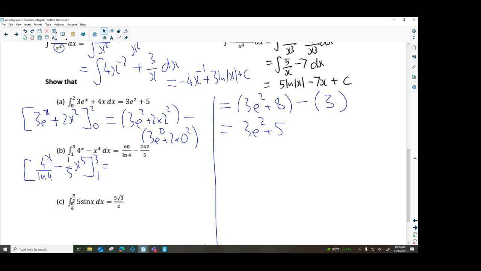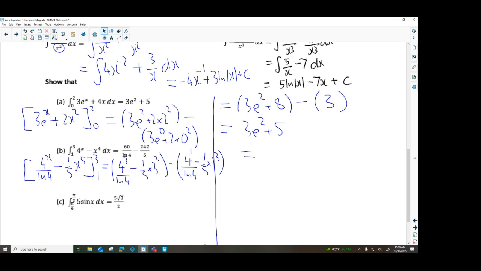So what does that mean we have to do? We have to do 4 to the power of 3 over ln 4 minus 1/5 times 3 cubed. And then we take away 4 to the power of 1 over ln 4, take away 1/5 times 1 cubed. What's that going to give me?